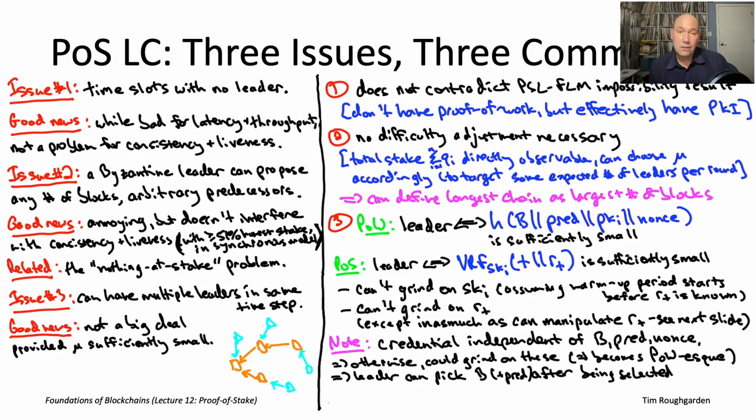Because a leader gets to choose its predecessor block after the fact, after it's won, it can go ahead and just broadcast block proposals extending all the different blocks in the current blockchain.